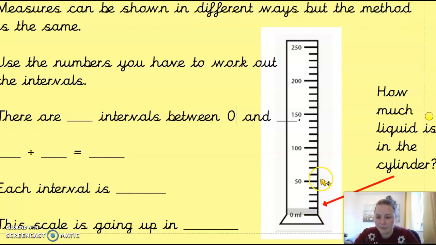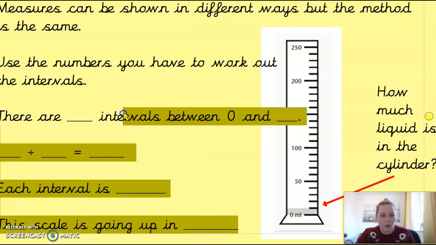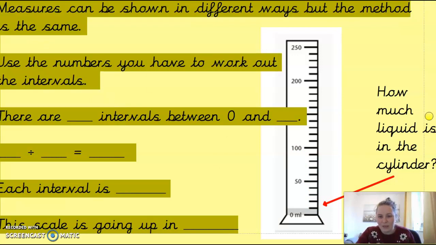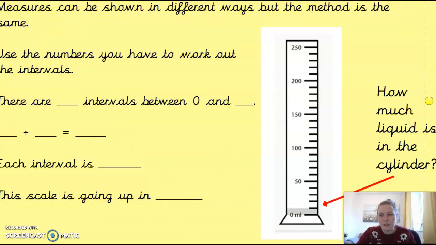0 to 50. So I've got 50 and then I've got 1, 2, 3, 4, 5 jumps. Okay, so I can write that into my sentence. There are 5 intervals between 0 and 50.